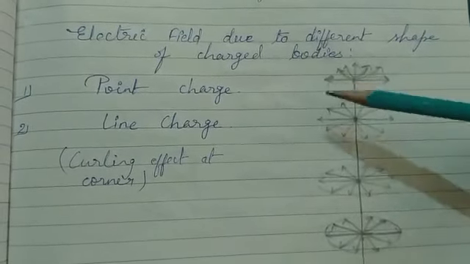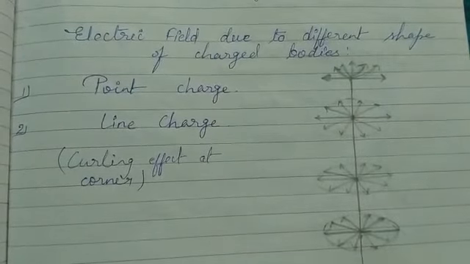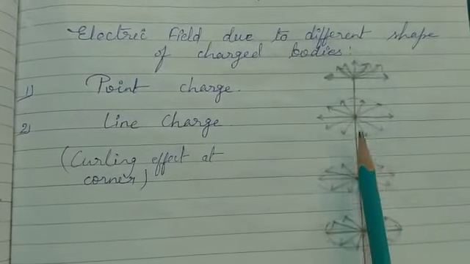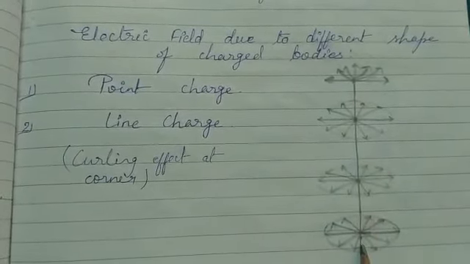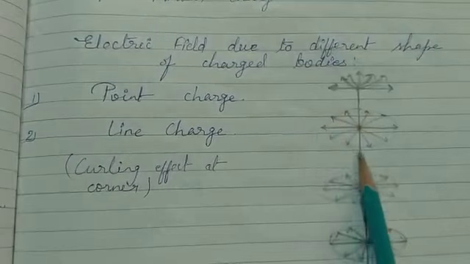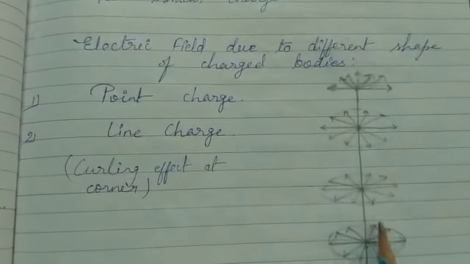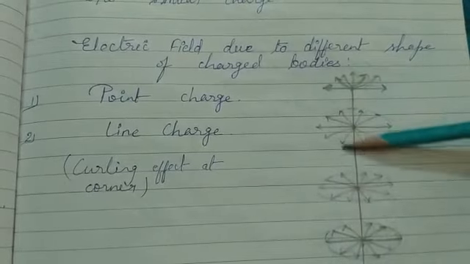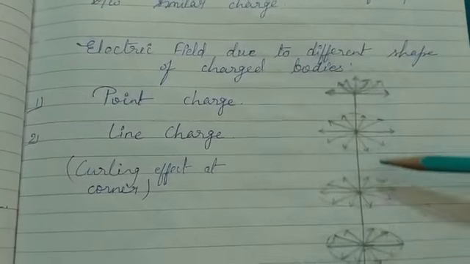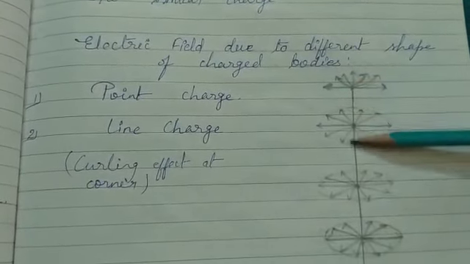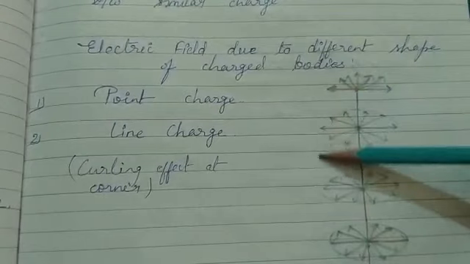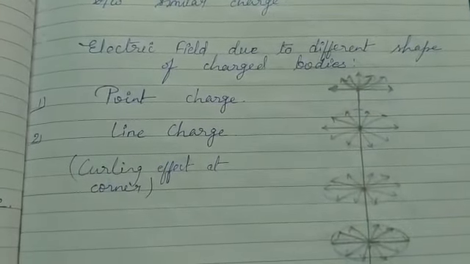In one of our lectures we discussed that the whole charged body can be considered as separate individual point charges, and we can imagine small electric fields like this. This type of electric field is there in the whole charged body, so we can assume it as a cylindrical electric field.